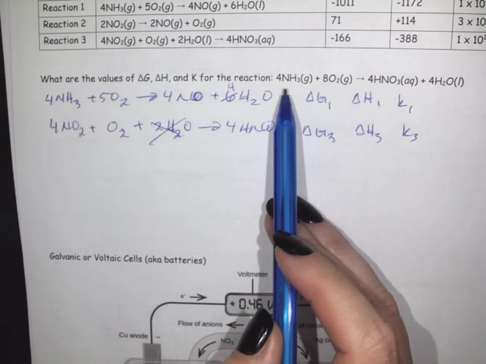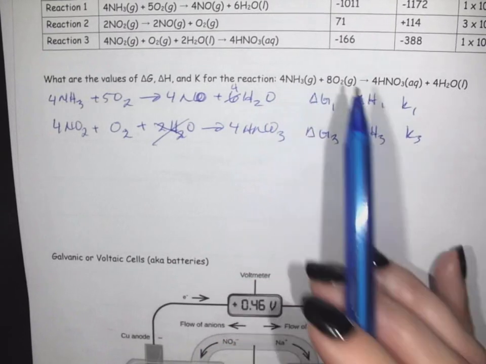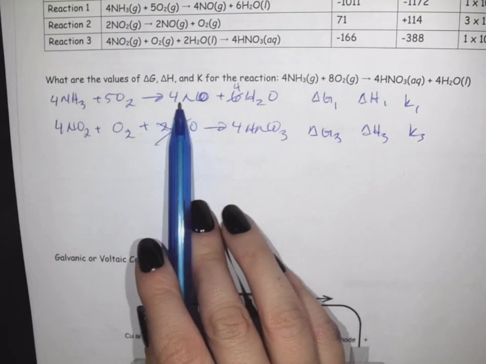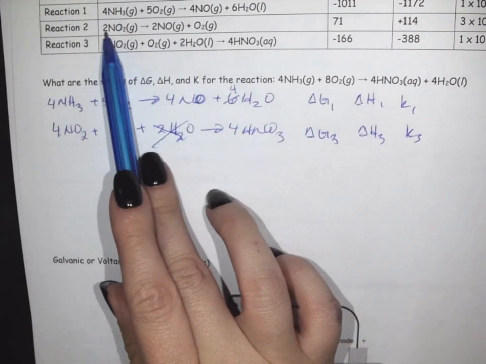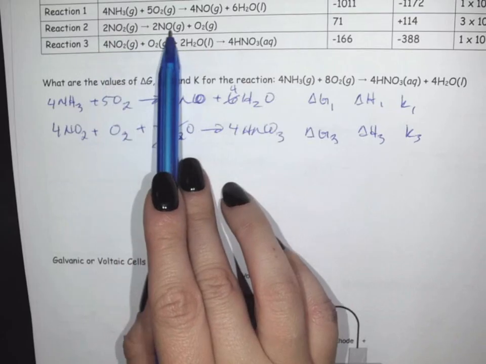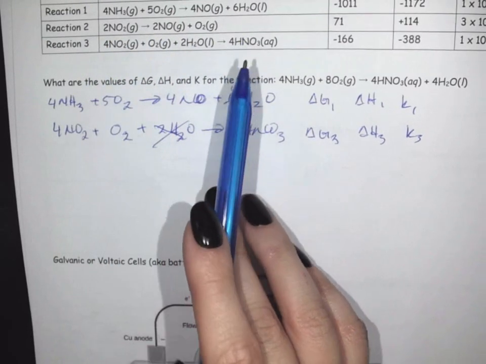The other thing I'm noticing is there's no NO in this reaction. But I have 4 of them right here. So what if I take this second one and I flip it so that way the NOs can cancel, but then I also double this.